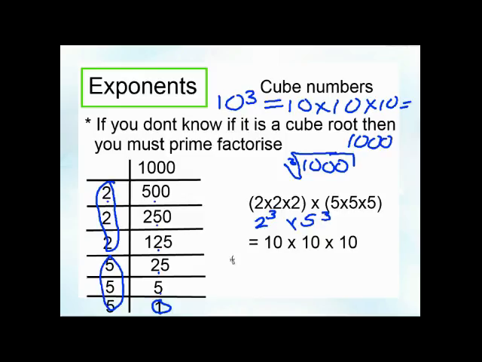And because those are the same, we would say that is 10 to the power of 3. And if we do the cube root, the 3 there cancels out with the 3 there, and we're just left with 10. Or in this case, you would have 2 times 5 all to the power of 3, and that 3 cancels out. But what is 2 times 5? It is equal to 10.